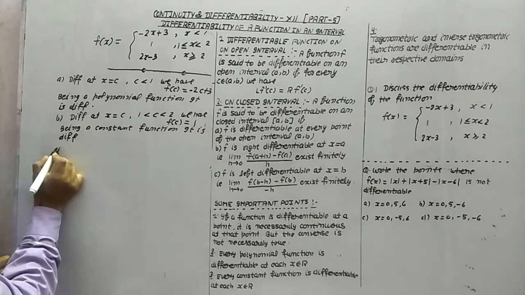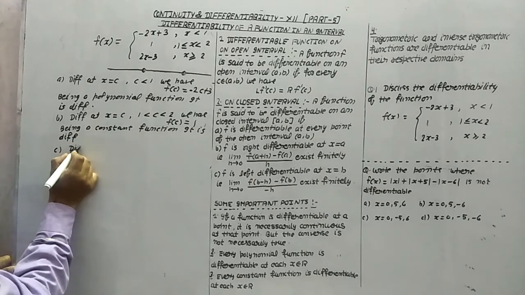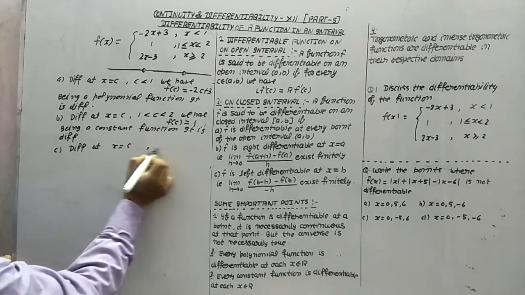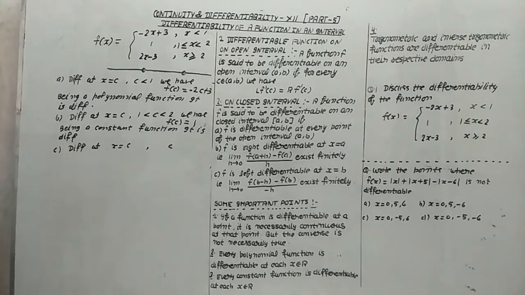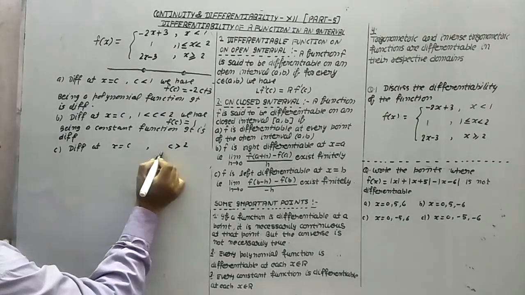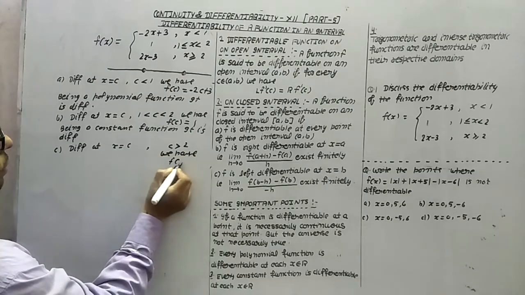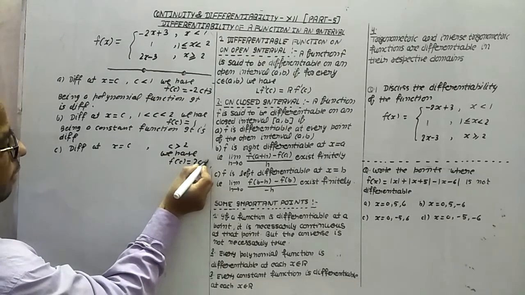In the same way, C part, differentiability at x equals c where c is greater than 2, we have f(c) equals 2c minus 3.